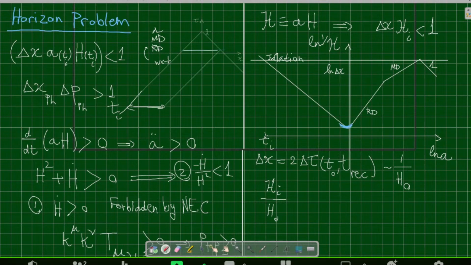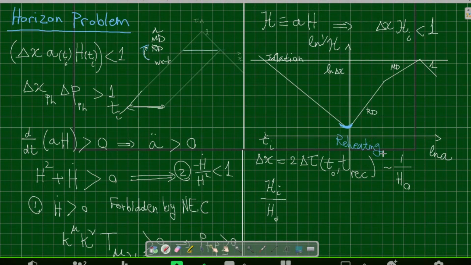This transition, remember, I called reheating in the previous lecture. And depending on when it happens, or at what temperature this transition happens, the length of inflation that we need would be different, right?